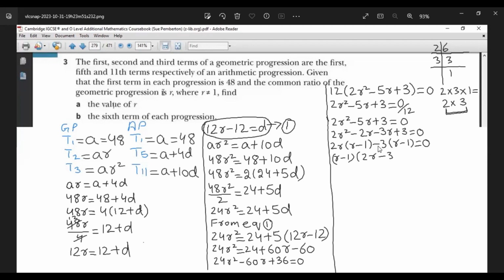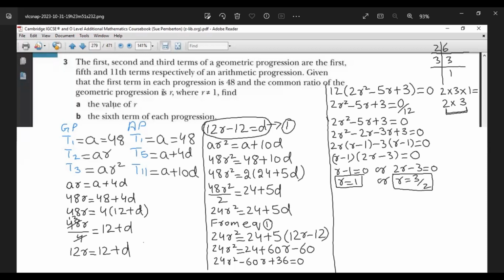Minus 3 equals to 0. Right? So the product of 2 is coming 0. It means either R minus 1 is 0 or 2R minus 3 is equal to 0. R will be equal to 1 or R will be equal to 3 upon 2. Okay. These are the two answers coming.